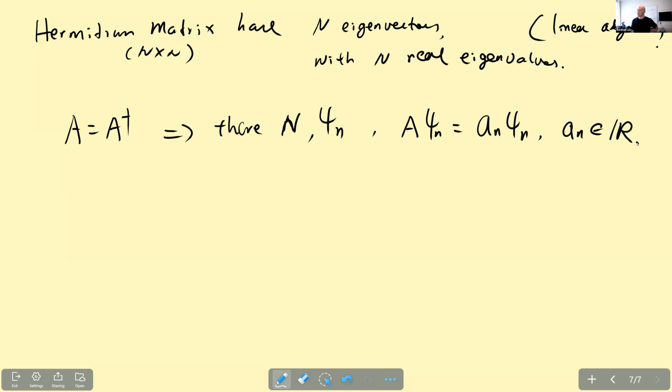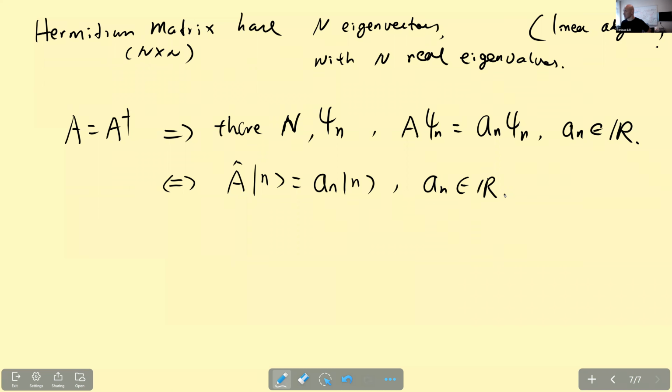Okay. So this means equivalently, so you have an operator A, there are n states, there is A, M, and M, with AM is a real number, okay? Right, so that is an important thing of this emission operator.